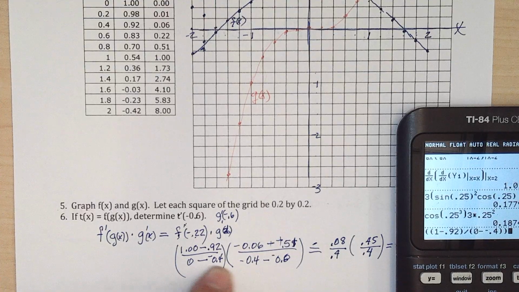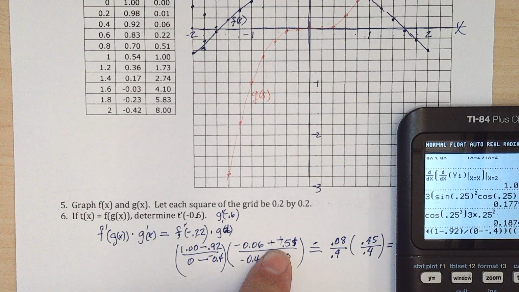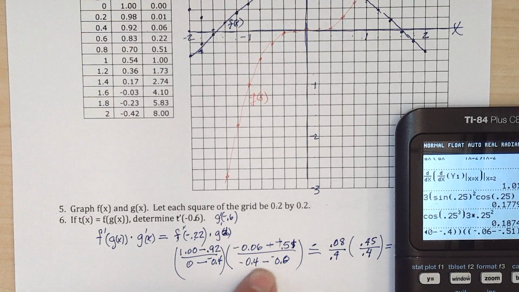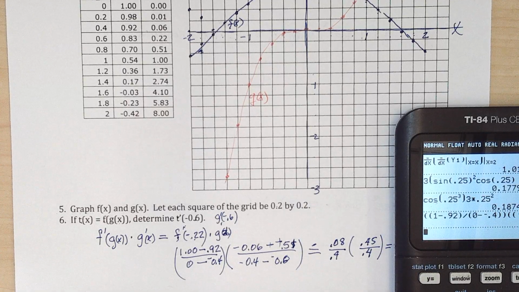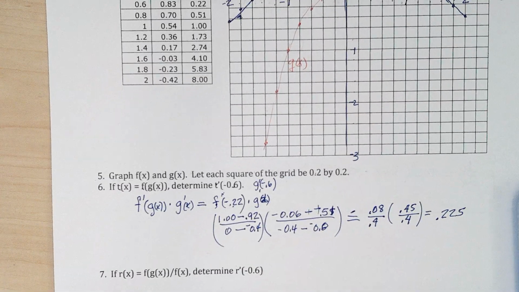All of that times parenthesis negative 0.06 minus negative 0.51, close parenthesis, divided by, parentheses are really important on here, negative 0.4 minus negative 0.8, close parenthesis, and we get 0.225, if I didn't make a mistake. Easy to make a mistake in there.